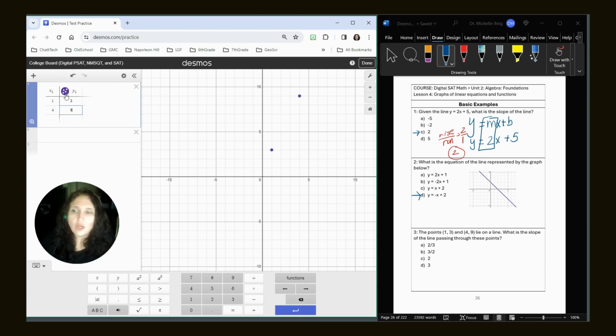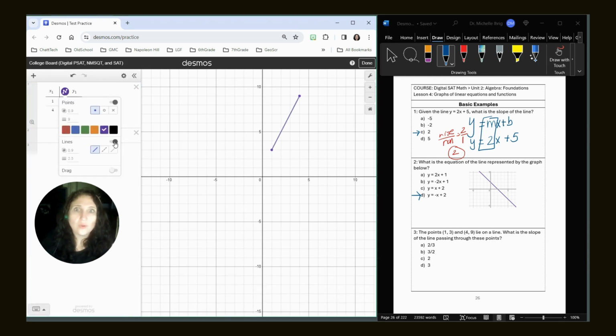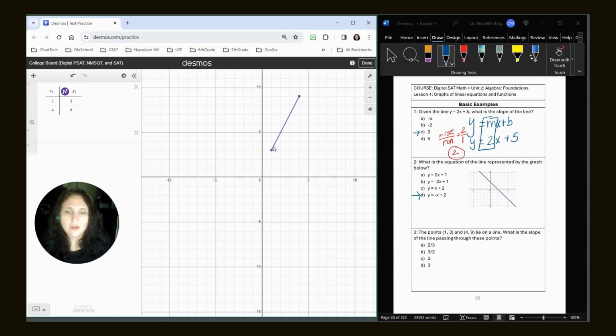I'm going to long press this dark purple and click lines. We're going to do this a whole lot. For me this just makes it easier to count. So remember again, we're doing our rise over run. I'm counting starting here at 1, 3, and I go 1, 2, 3, 4, 5, 6. So I go up 6 spaces.